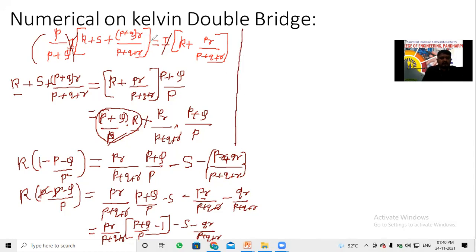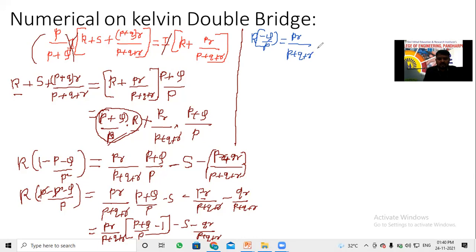I will take another color. Next, the LHS side I can write as R minus Q divided by P, equal to PR divided by (P plus Q plus R).